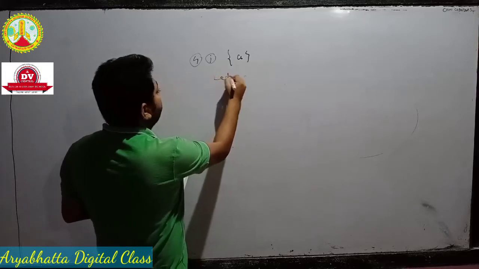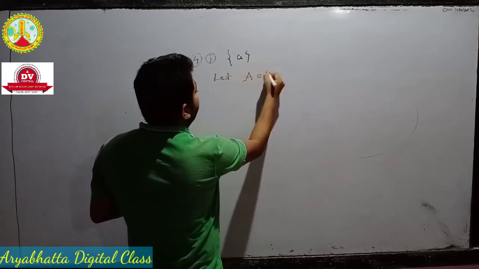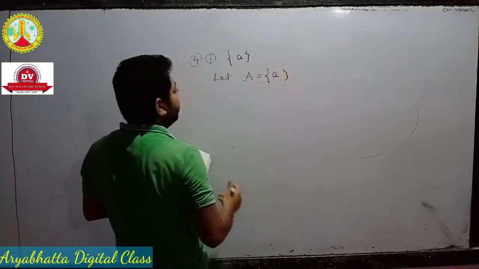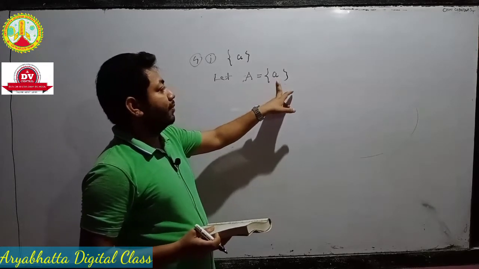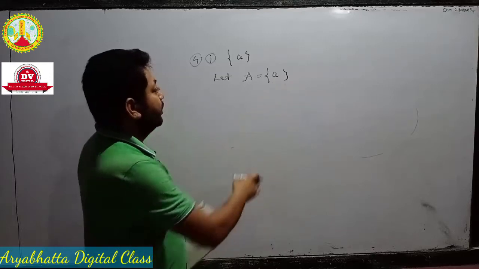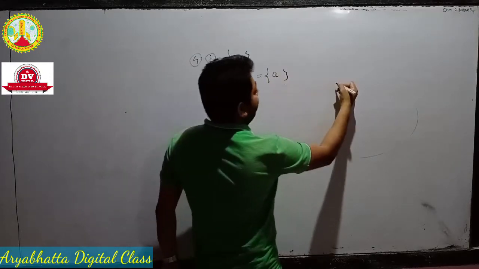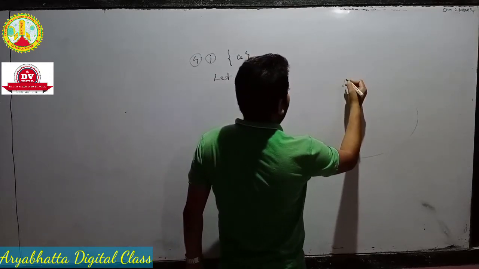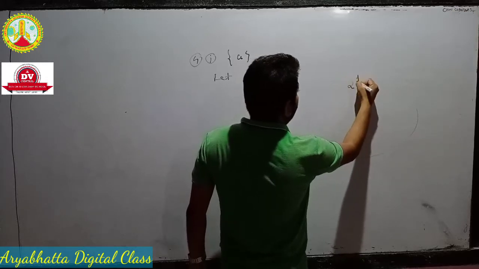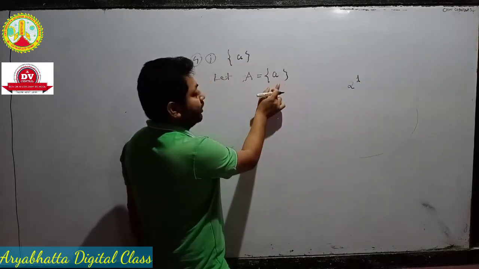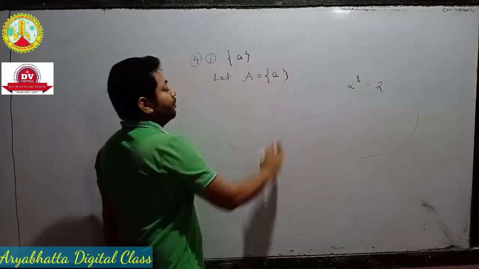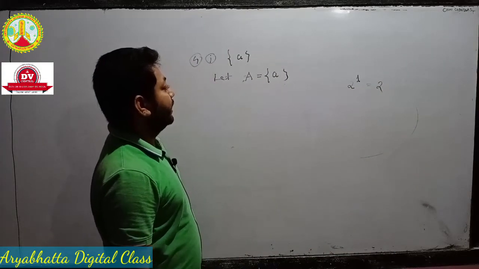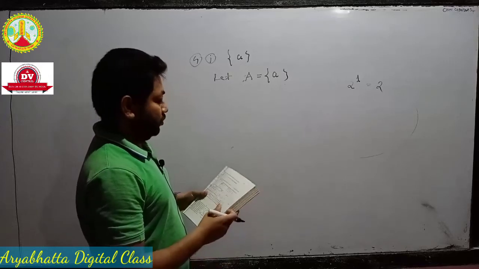Let A equal to the set {a}. Here the total number of elements is equal to 1. Therefore, the total number of subsets of A is equal to 2 to the power 1, because here the total number of elements is equal to 1, which is equal to 2.